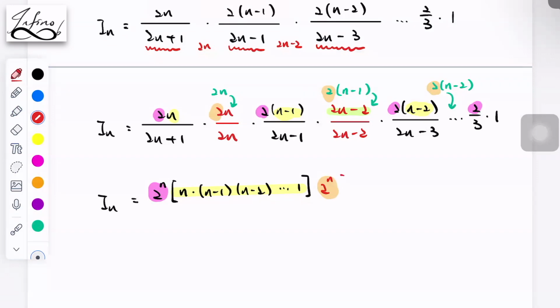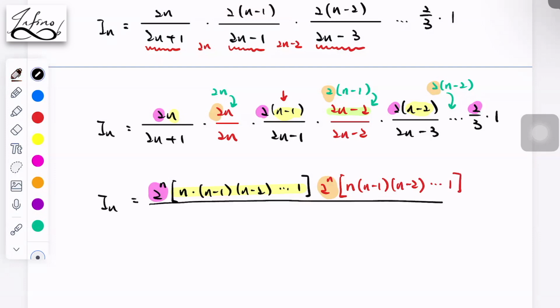And then this one will be n, and then this guy n minus 1, n minus 2, and up to 1 as well. The denominator shouldn't be too hard. What is that? Should be factorial, starting from 2n plus 1, 2n plus 1.